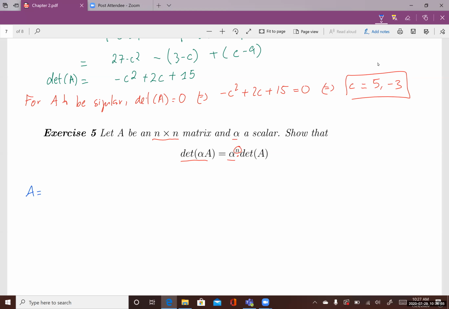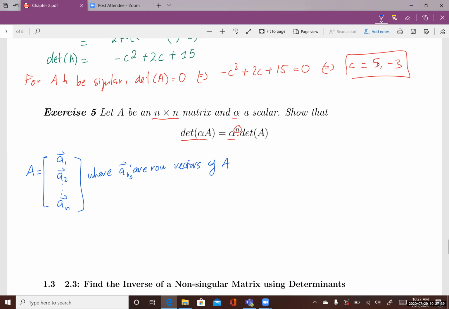I rewrite A as a matrix using rows of A. So A is A1, A2, to An, where Ai are the row vectors of A. A1 is the first row, A2 the second row, and An is the nth row.